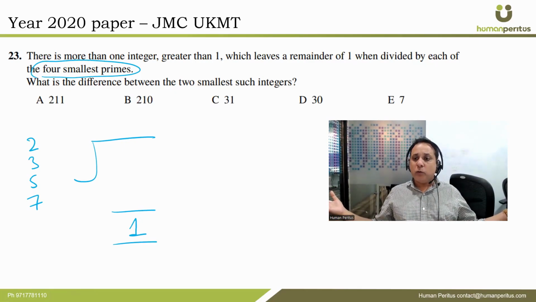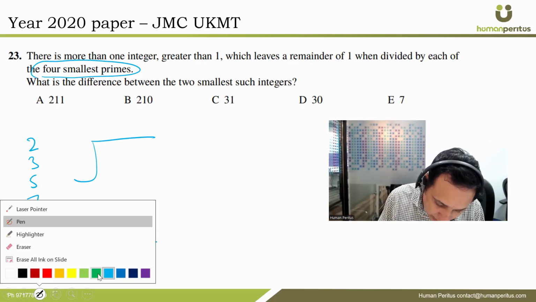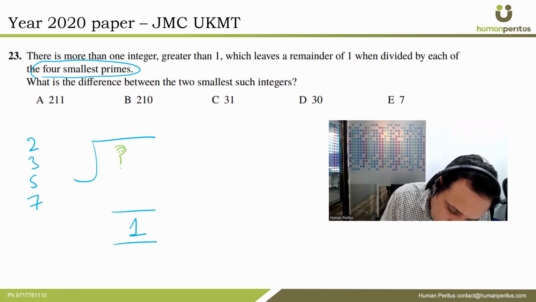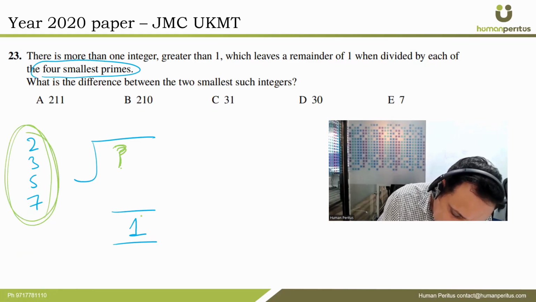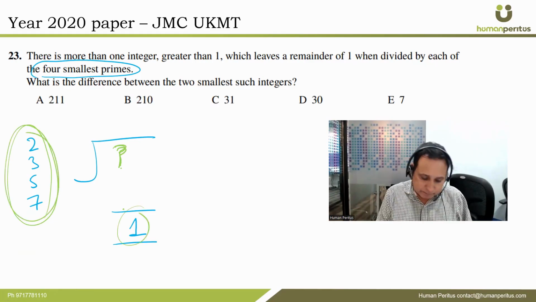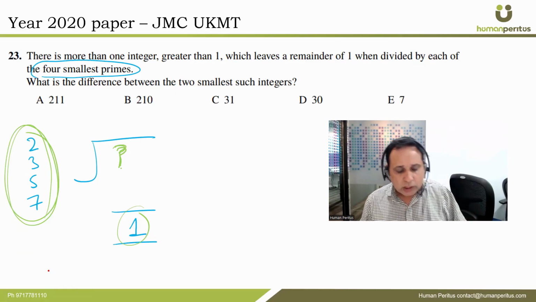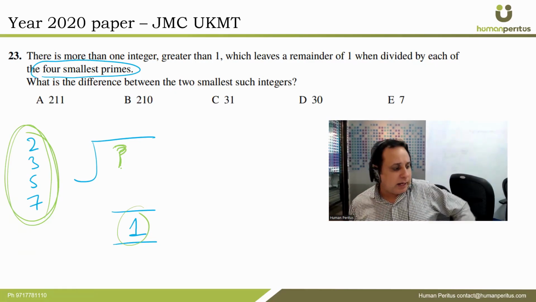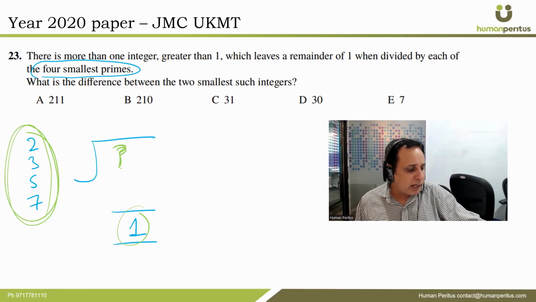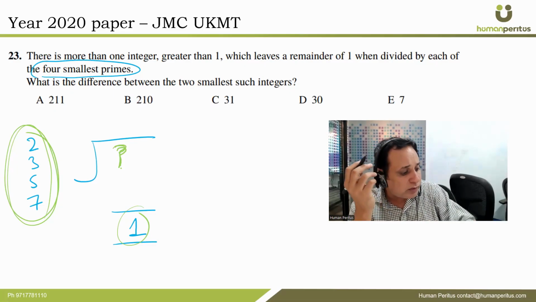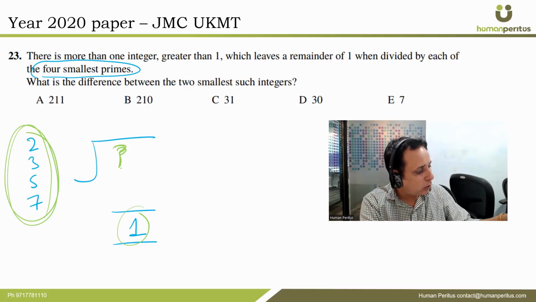So simple. What will I do? If I have to find this number, then this number will be nothing but some multiple of these plus 1, right? Okay. Now, 2, 3, 5, and 7. And what is the multiple of 2, 3, 5, 7? Because all of them are prime numbers, therefore I need not worry about LCM.